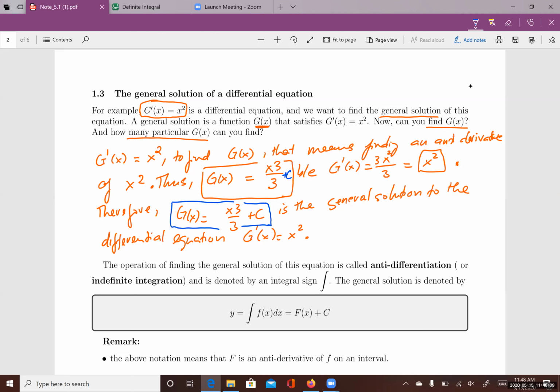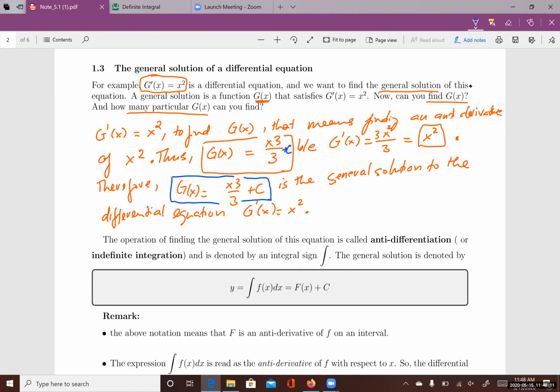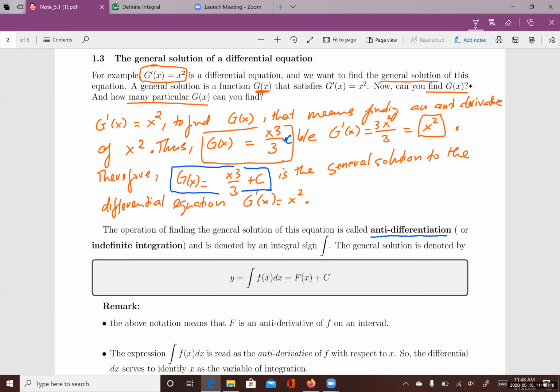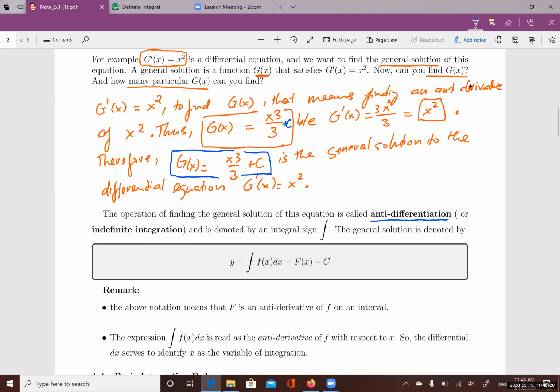So the process of finding the general solutions to differential equations is called anti-differentiation or indefinite integration, the process of finding the general solutions. It is denoted by the integral sign.